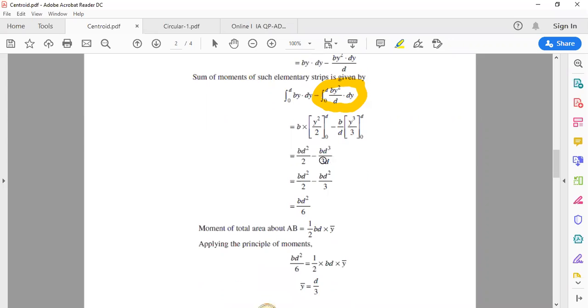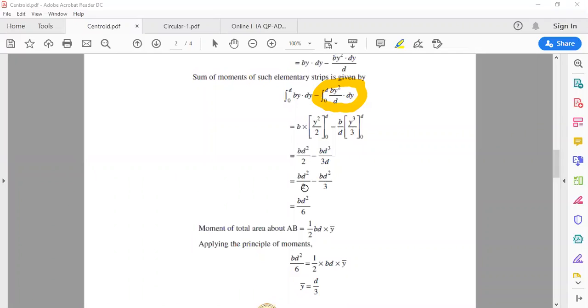Now next, this d cube and d here get cancelled. It will be left with b d square by 3. In the next step, take the LCM of 2 and 3, which is 6. So multiply 2 into 3, 3 into 2.